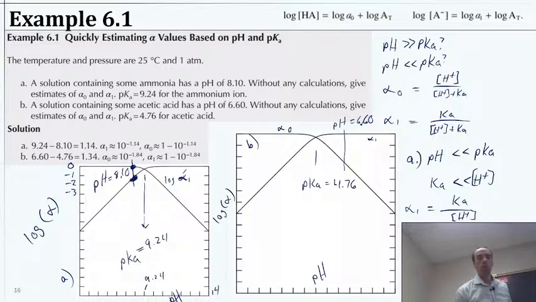So where did that come from? That's coming from doing some sort of simplification. Under these conditions, the Ka became a lot less important than the H plus in the denominator here. Of course, we can do the same thing and look at the Ka becoming a lot more important, and it's going to change the equation.